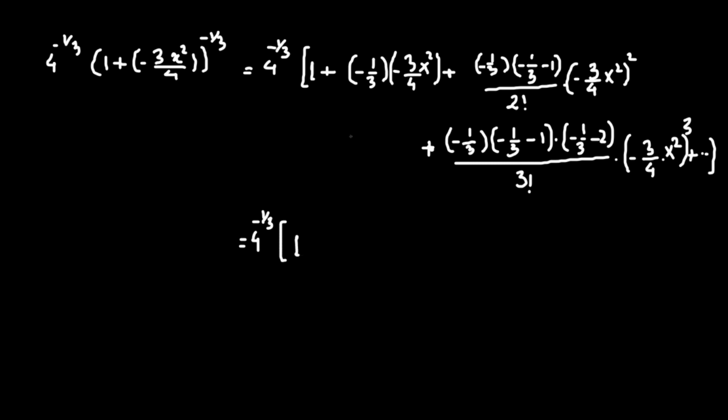Now we simplify them, so that should give us 4 to the negative 1/3 times 1. So negative and a negative will become a positive, and we can factor out 3 from both the numerator and denominator. So that leaves us with x squared over 4. Now we have negative 1/3 times, and negative 1/3 minus 1 will be negative 4/3.